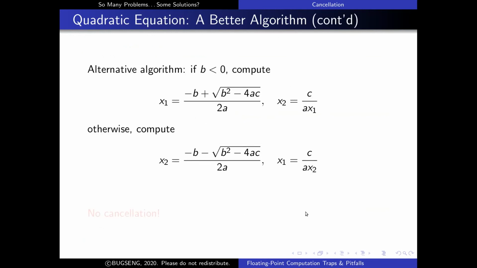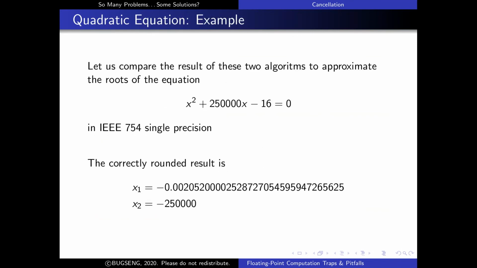So what is the nice algorithm? It is to compute either x2 or x1, and then compute the other using these formulas. So we compute the one which doesn't give you the risk of cancellation, and then we compute the other. So let's try if this works.